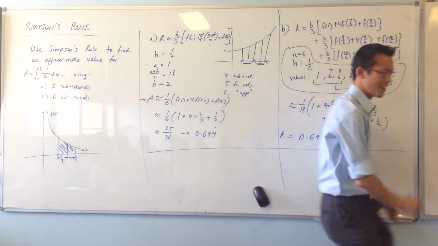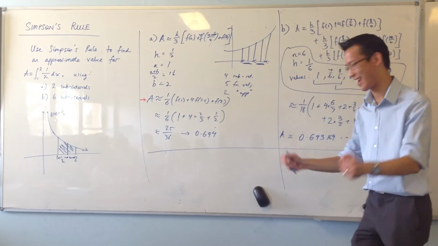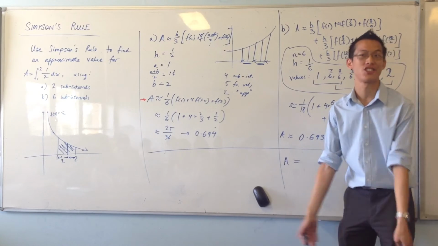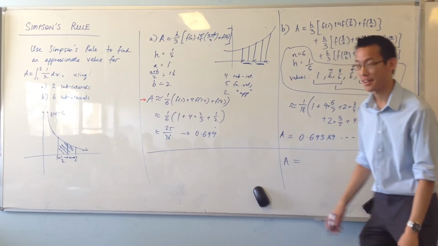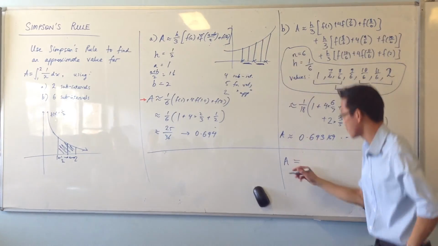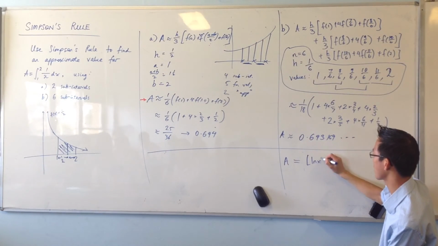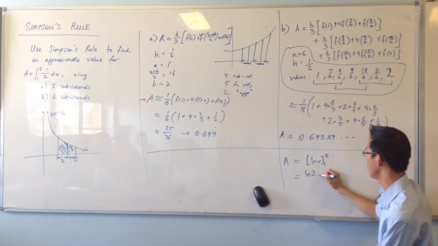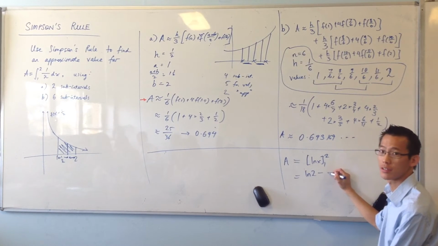So let's just take a moment to step back and appreciate how awesome Riemann's work was, right? What is this area actually equal to? Because we can work it out, right? From 1 to 2, it's going to be log x with those boundaries, okay? So it's log 2 minus log 1, which is 0.